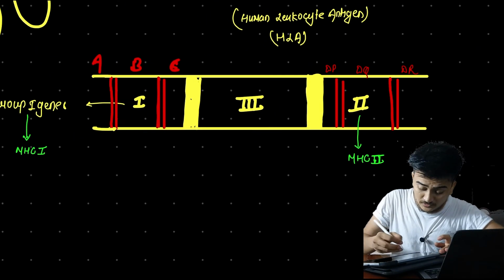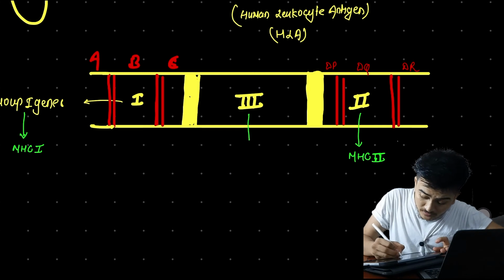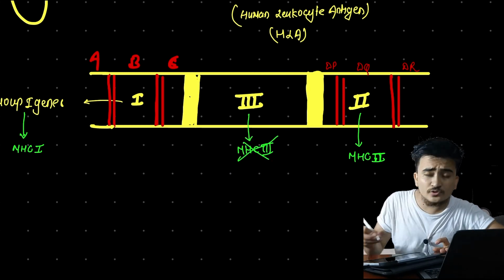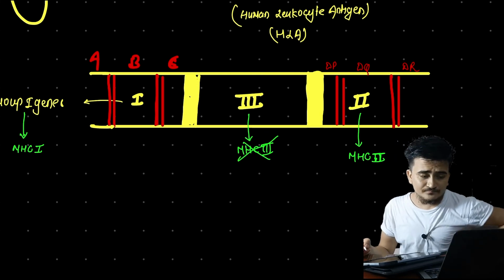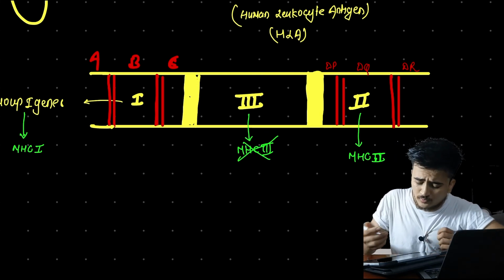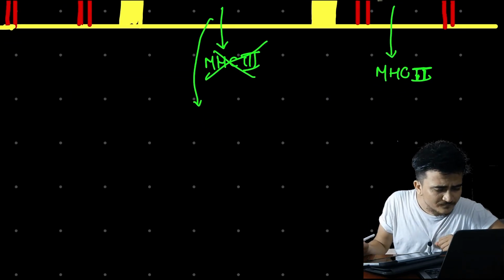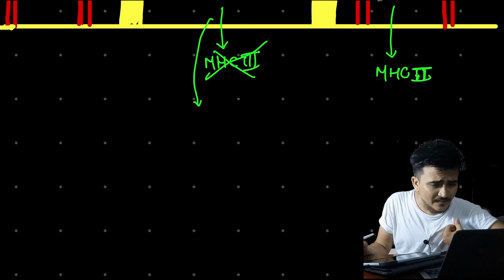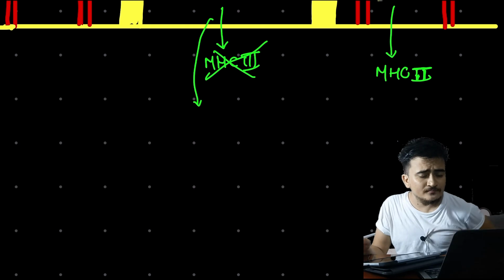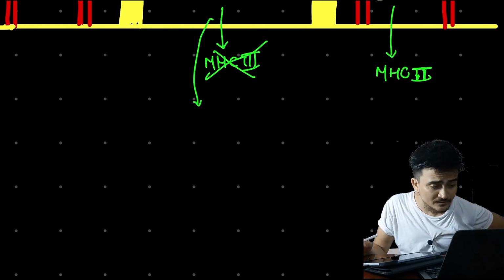And what about the third group? These don't give MHC class 3. There is nothing called MHC class 3. So what does it do then? It helps in producing different types of cytokines, or different types of proteins.